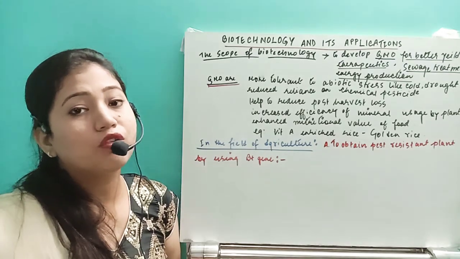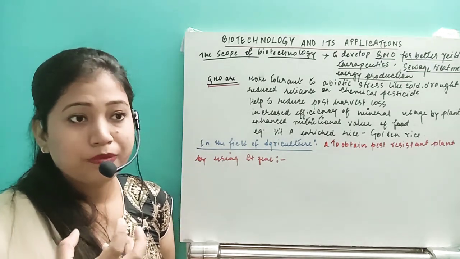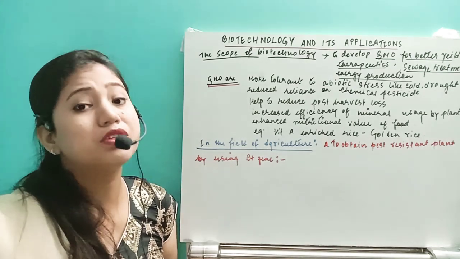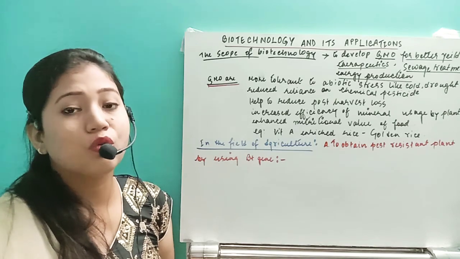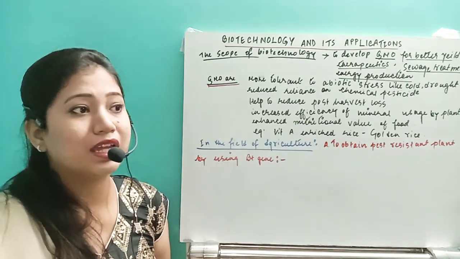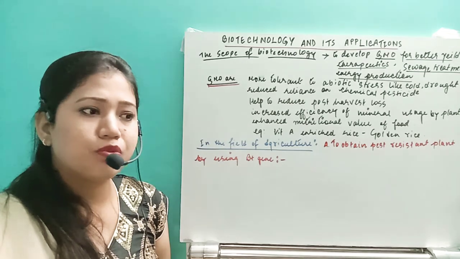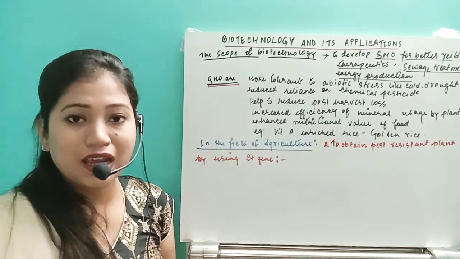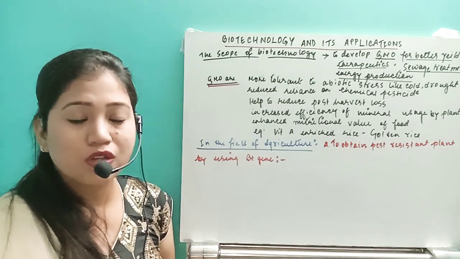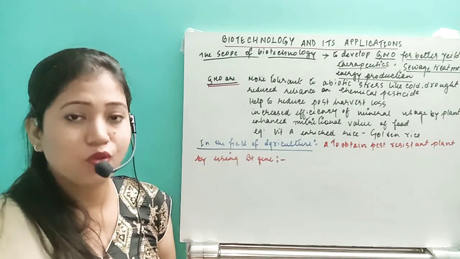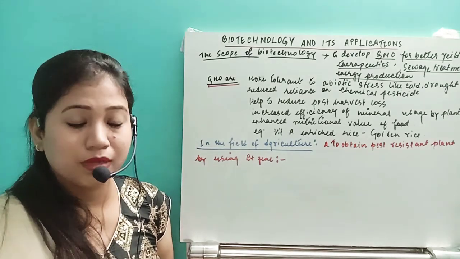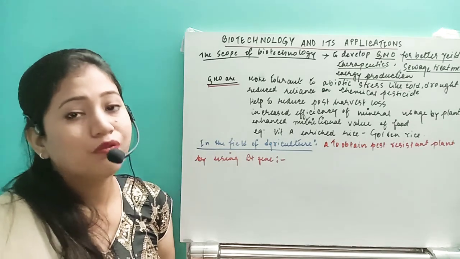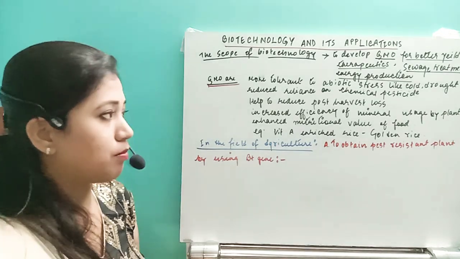So lots of plants have been manufactured in this way, so that they can survive in extreme conditions, like very little water, or extremely saline or salty soil. The plants are biotechnologically modified so that they can withstand all those environmental extremes.